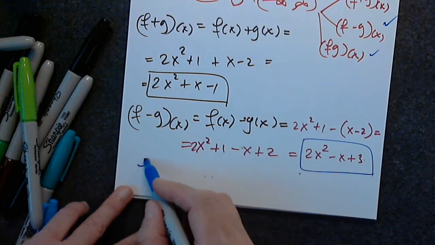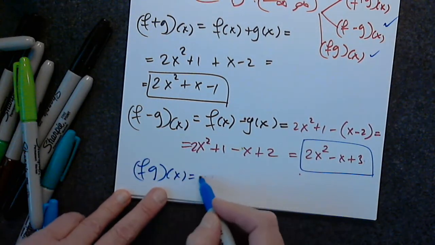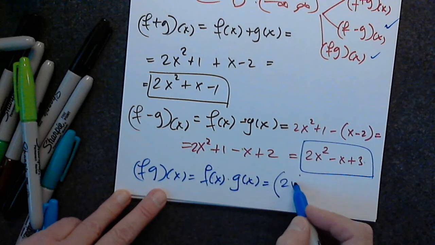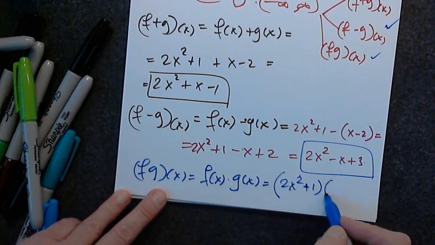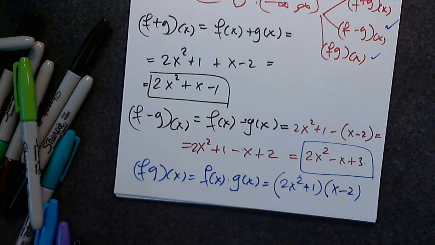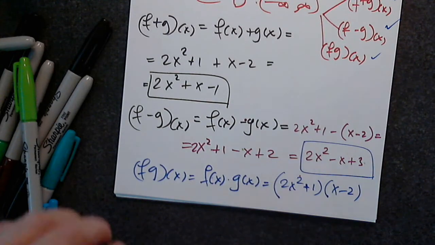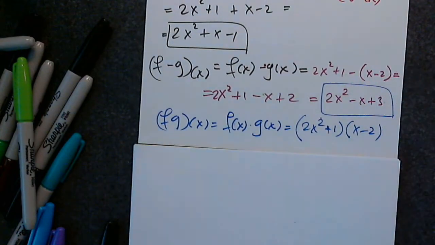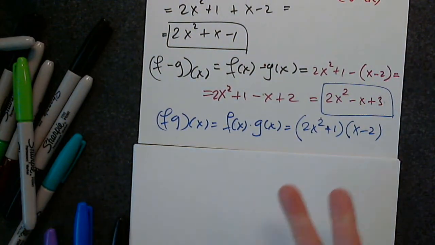Now we have to determine the product. Please write the definition. It's f of x times g of x, in parentheses 2x squared plus 1, multiplied in parentheses by x minus 2. Yes, I have to distribute. I have to FOIL. It happens that these are both what type of polynomials?